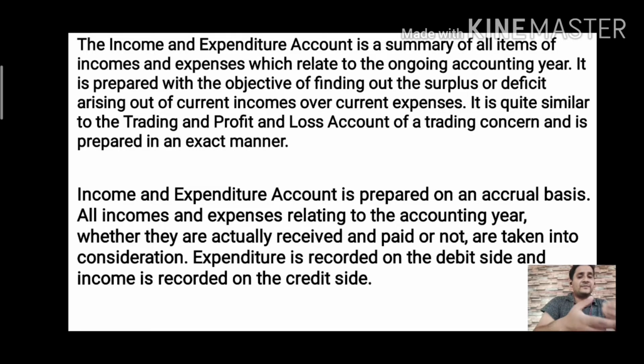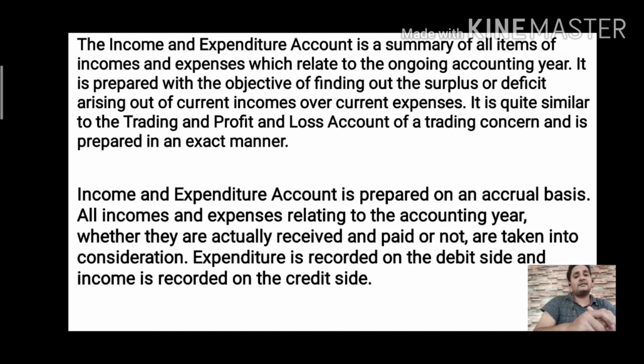That's why income and expenditure is also called a nominal account. So what is the nominal account rule? Debit all expenses and credit all incomes. You have learned in HS first year the nominal account, real account and personal account.